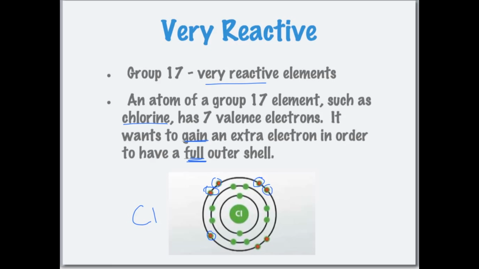So chlorine only needs 1 more to slip in right there to have a full outer energy level. Its whole goal is to have a full outer energy level. So it is going to be very reactive and react with other elements so that it can gain that extra electron.